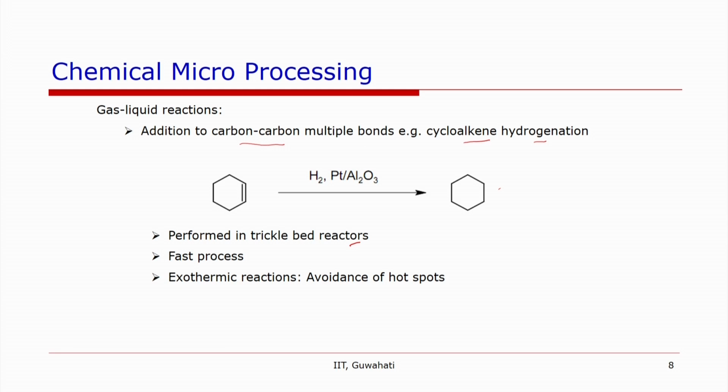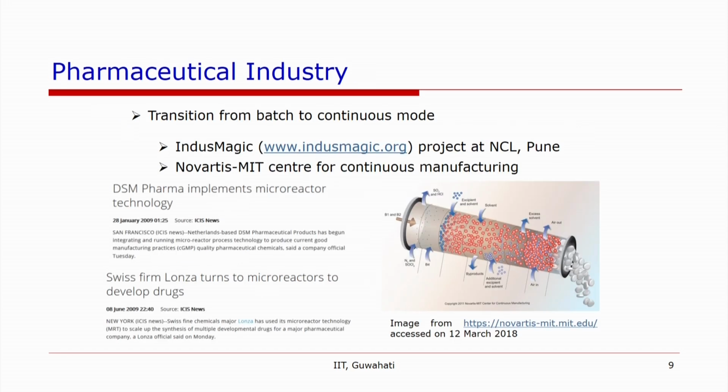It is again a fast and exothermic reaction. So, it can be performed in micro reactors so that hot spots do not form and large interfacial area is provided for the reaction to happen. There are a number of other reactions that have been performed in micro reactors.